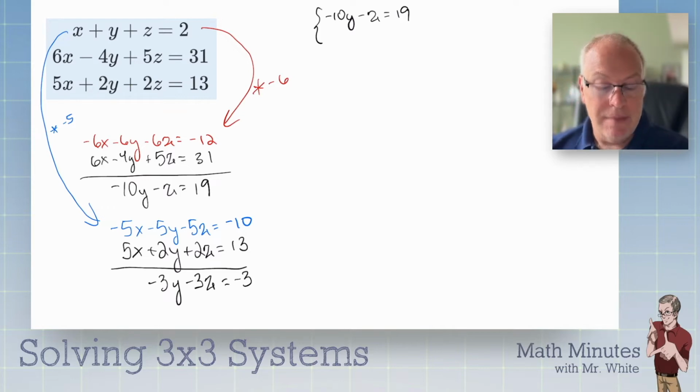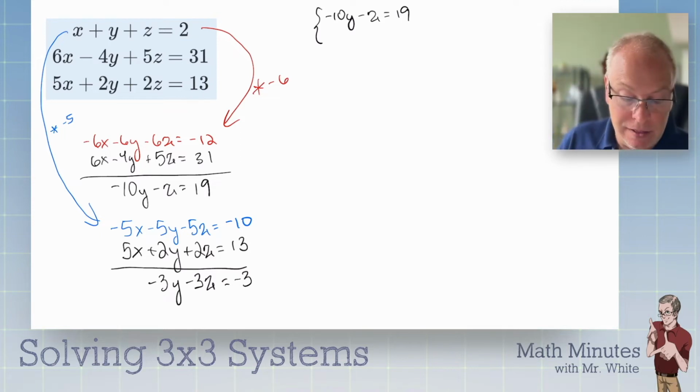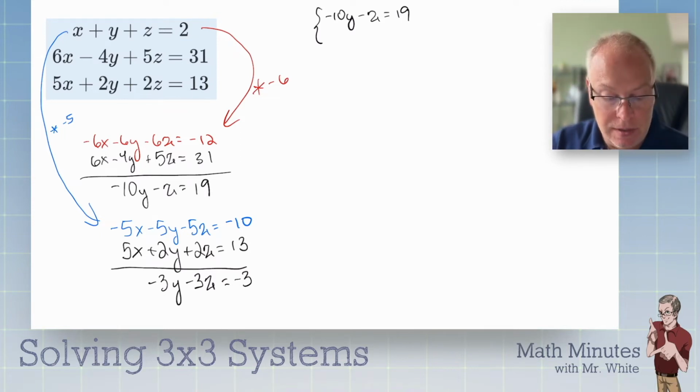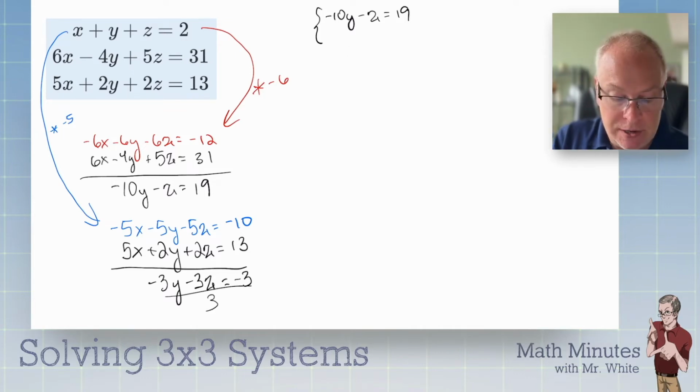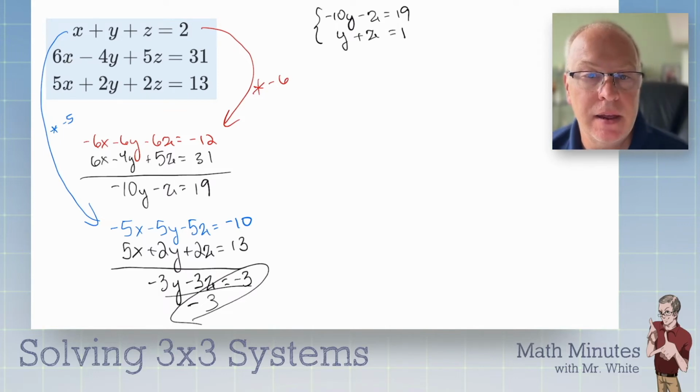If you wanted, you could divide everything by negative 3 and actually make that a little bit useful. Let's just do that. I'm going to divide the entire equation by negative 3. So I get y plus z equals 1.